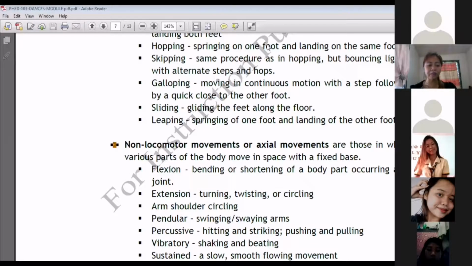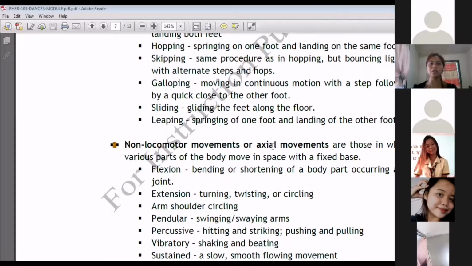Either your left towards your right, or your right towards your left, or palabas, or paharap, palikod. Basta parang nagdo-drag yung foot mo. Yun yung sliding movement. Why is it under locomotor? Still you move. There is a change of position. There's a change of direction. Kasi merong travel yung katawan mo.